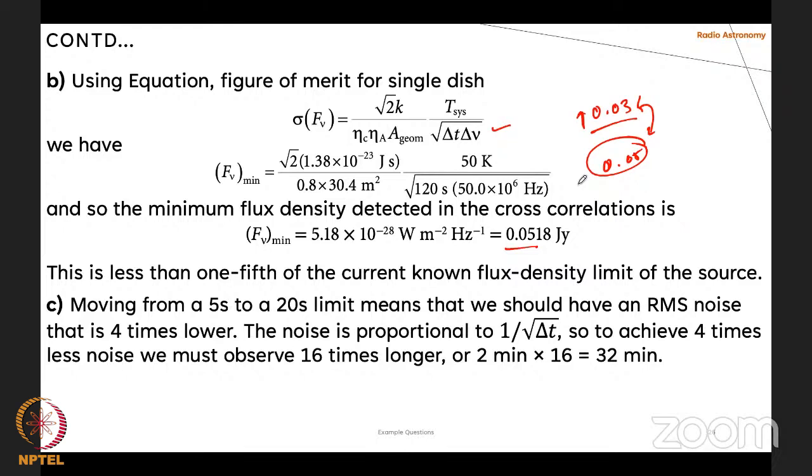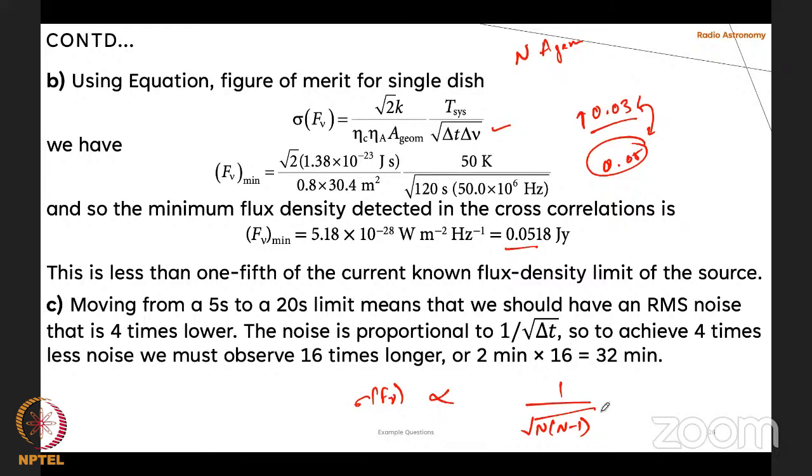Now if you have a comparable area, say for example you have an n element interferometer having some geometric area, you will have an equation like 1 over root n minus 1, so sigma f nu is proportional to this.